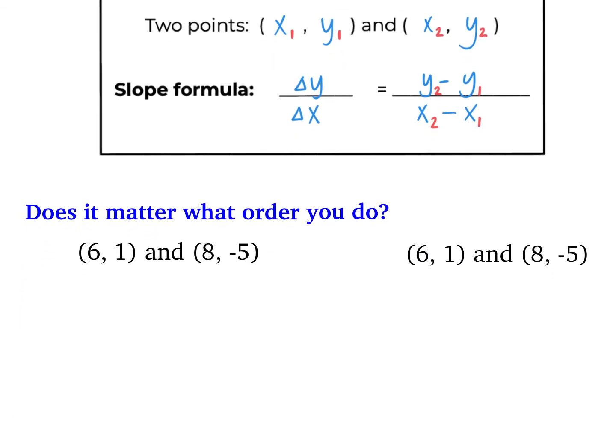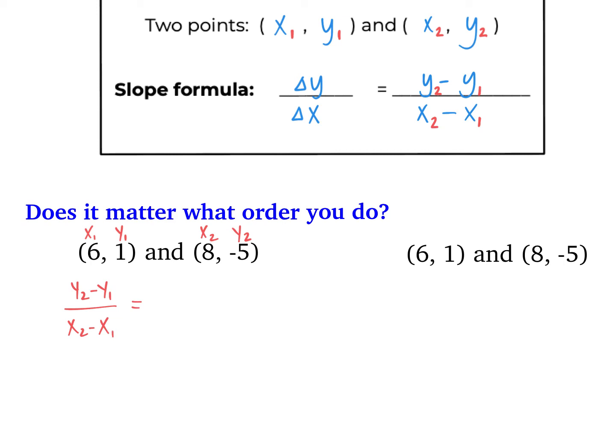What we're going to see is playing around with these and seeing if it matters what order you decide to subtract in. To start, I'm going to call this my x1 and y1, really just for first x, first y, and then my second x and second y. I'm going to start by doing the formula that I have up here, which is my second minus my first.